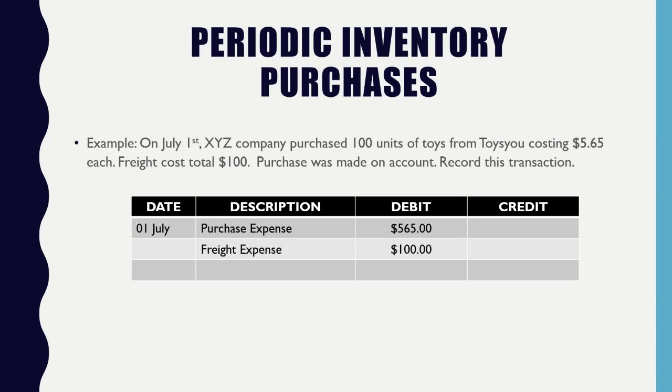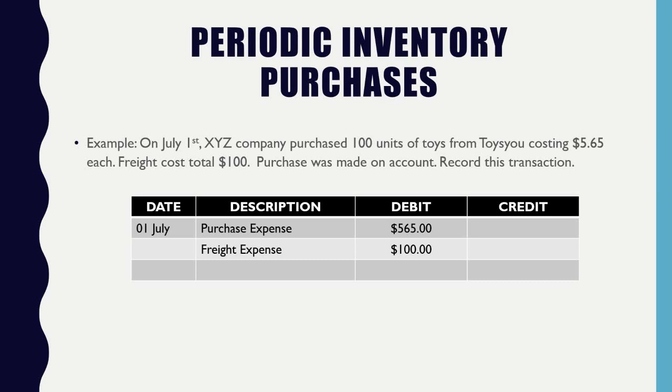Now, of course, when we talk about freight, freight here is going to be separated, but it's actually going to be part of the cost for the overall inventory, okay? But in this case, I want to separate it so I can see what costs were associated to purchasing the item itself and what costs were associated for the freight expense.